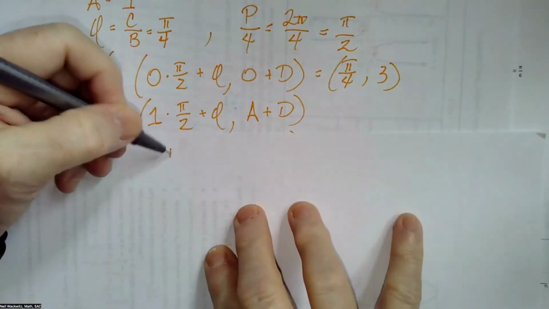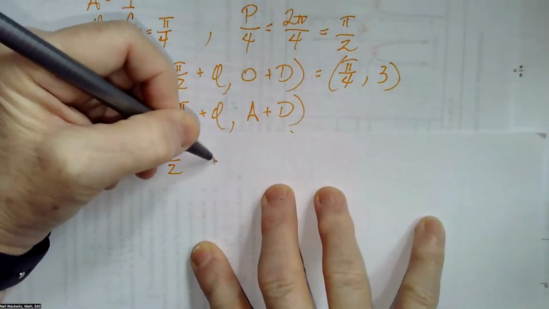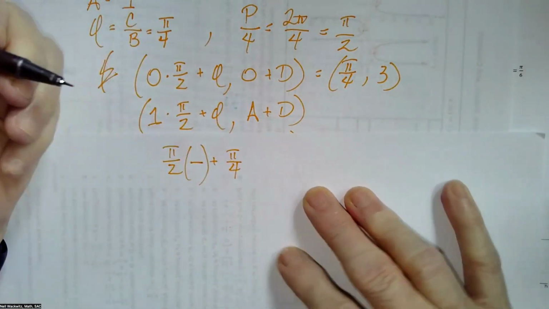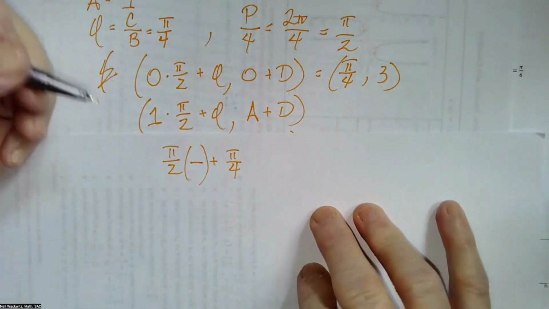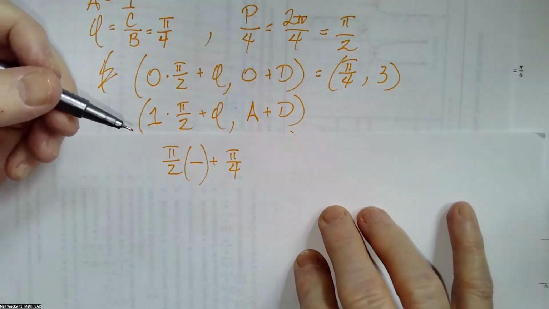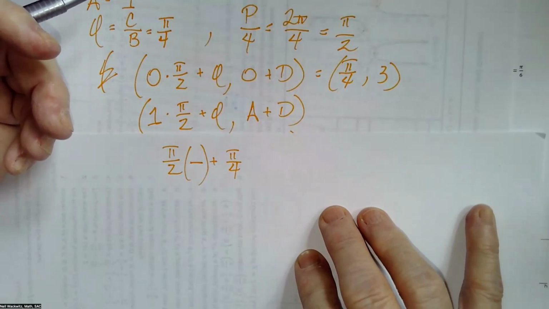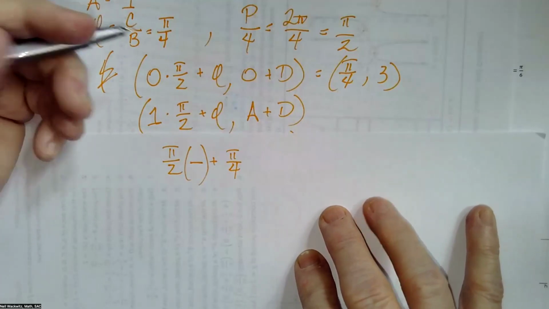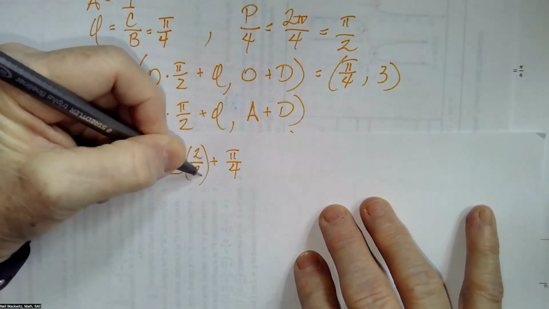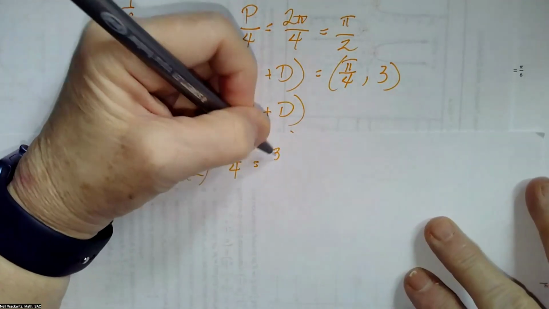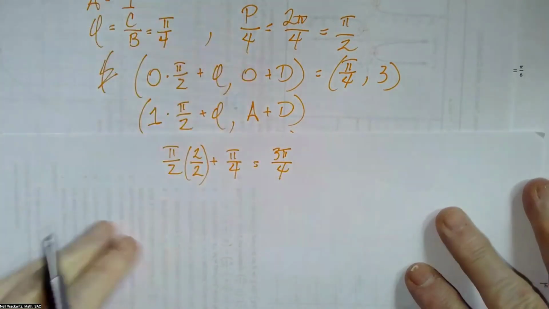Now we have pi over 2 plus pi over 4. And what can we multiply by so that we can combine these two? Two. Good. And that gives us 2 plus 1 is 3 pi over 4.